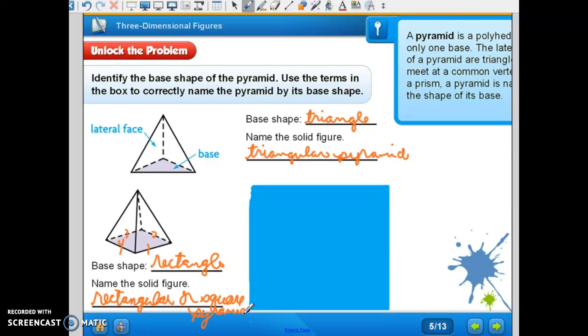So it can be a rectangular or square pyramid.